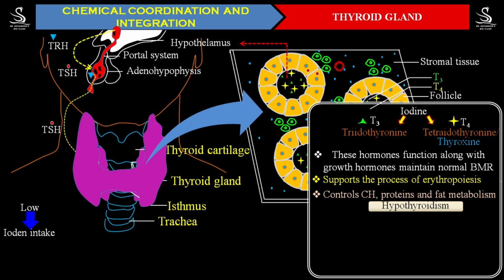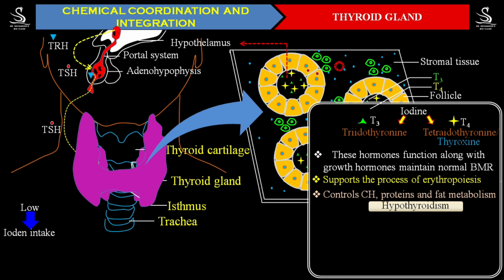Let me tell you, students, why thyroid gland enlargement occurs in hypothyroidism. Whenever low intake of iodine occurs along with our diet, that will result in less secretion of T3 and T4 hormones and less availability of those hormones in the blood. Due to that, what will the hypothalamus think? The hypothalamus thinks that something is going wrong with me, because of that only the T3 and T4 hormone level is decreasing.